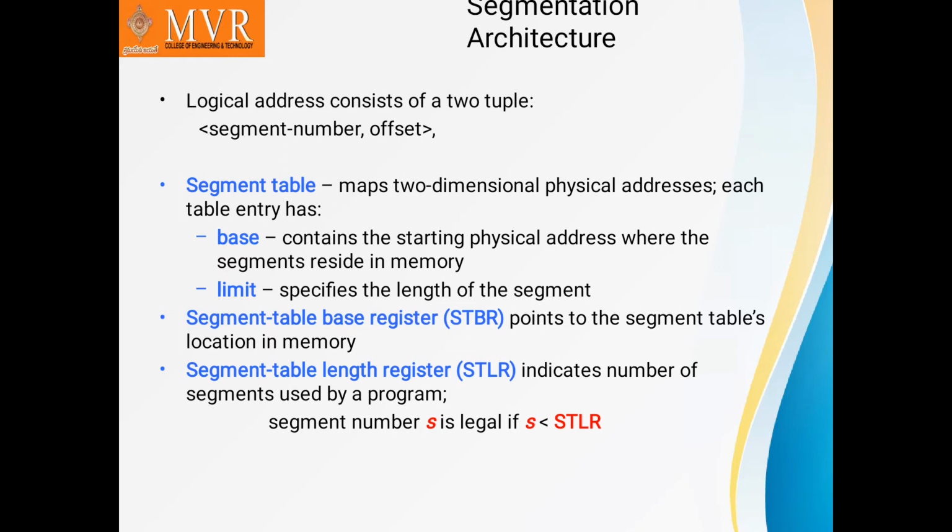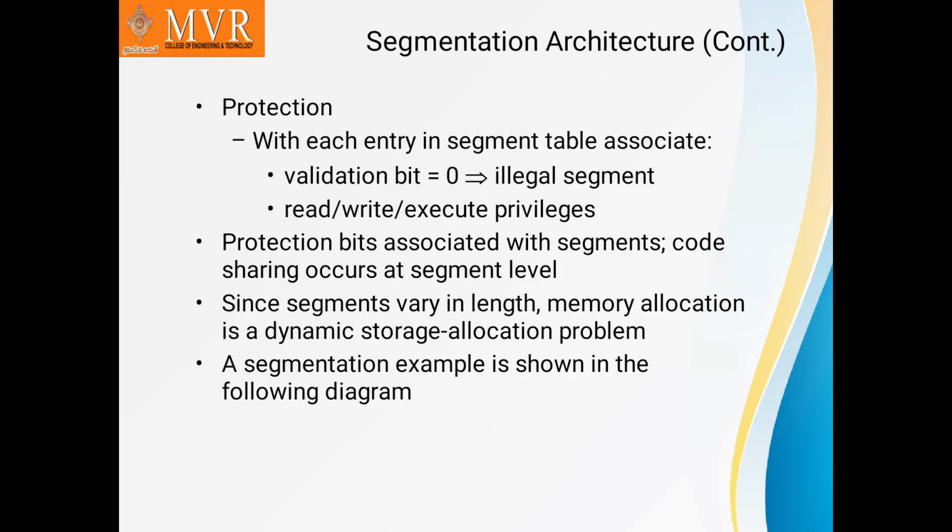The segment number is S. It is legal if S is less than STLR, the segment table length register. S must be less than STLR. The segmentation architecture provides protection, with each entry in the segment table associated with a validation bit; if it is 0, it is an illegal segment.